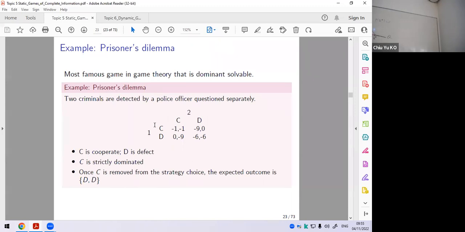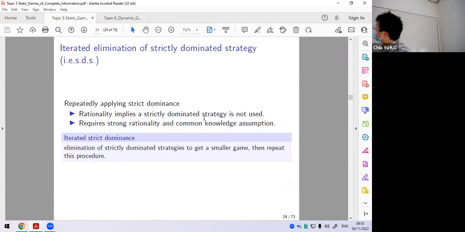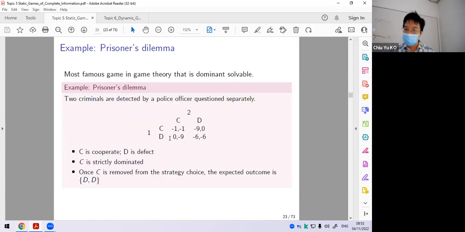And you can easily see that is the only thing you can predict. Usually you cannot have this nice outcome.